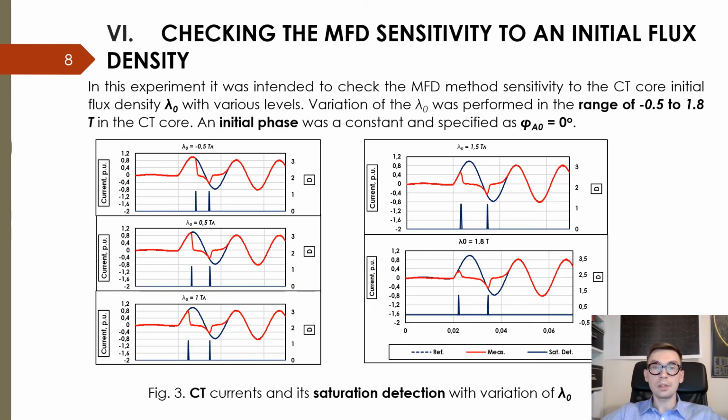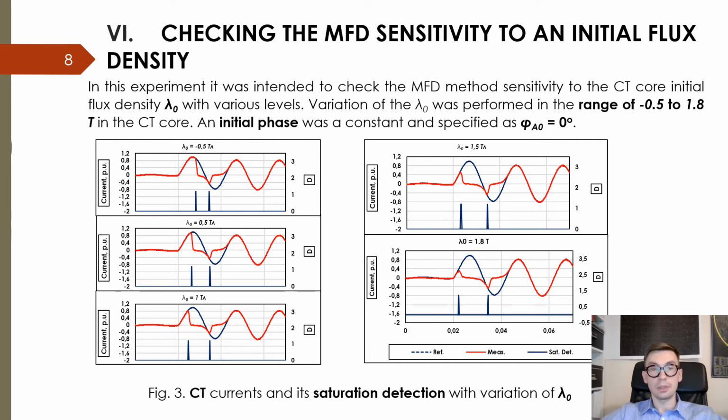Also, the magnetic flux density sensitivity was checked for the initial flux density. It was varied in the range from minus 0.5 Tesla to 1.8 Tesla of the initial magnetic flux density in the current transformer core.